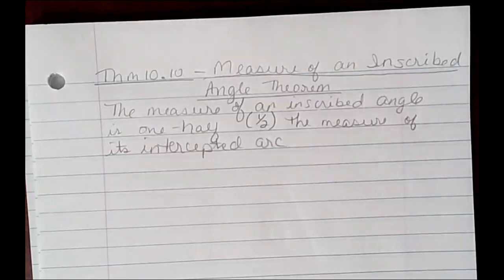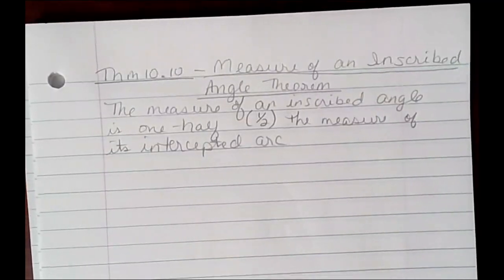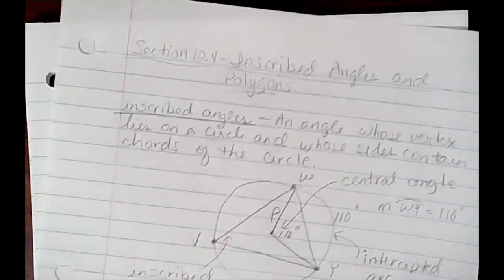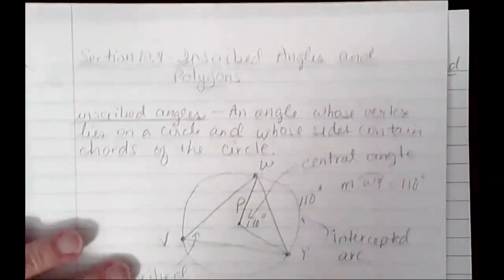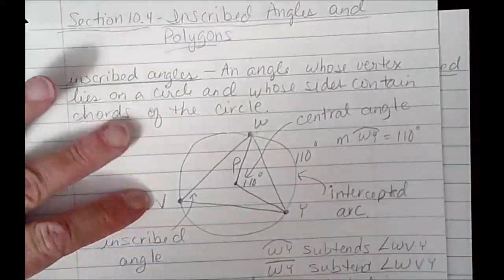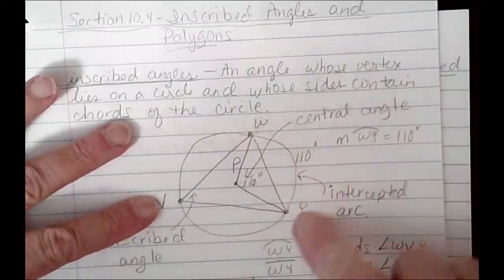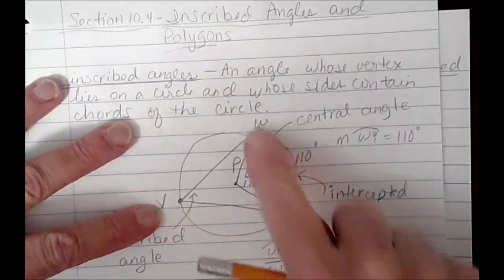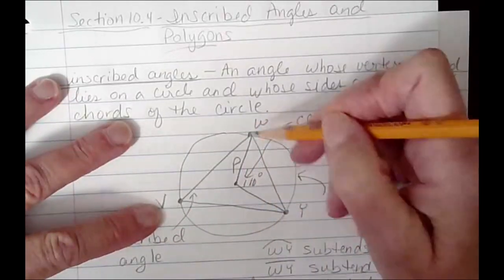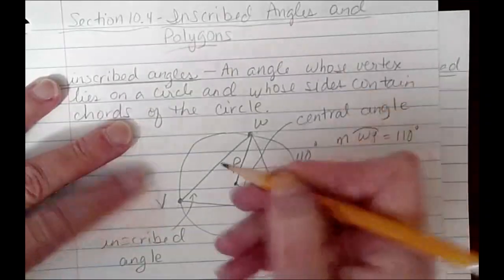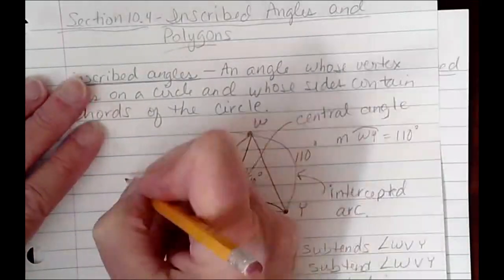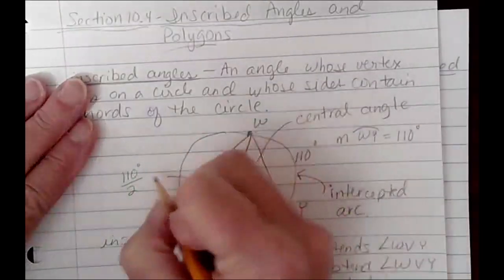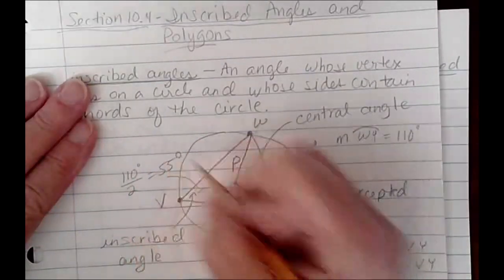The measure of an inscribed angle is 1/2 the measure of its intercepted arc. So if we come back here, angle WVY was an inscribed angle and it intercepts arc WY. This theorem says that its measure is half of the arc measure. The arc measure is 110 degrees, so this measure is 110 degrees divided by 2, or 55 degrees.